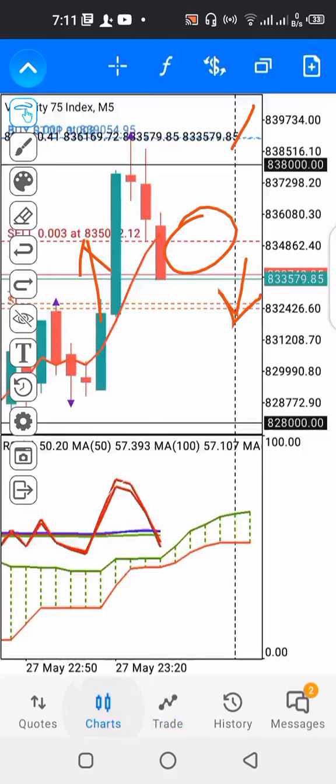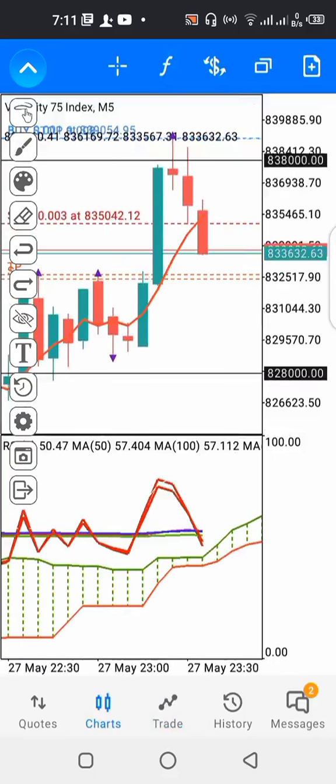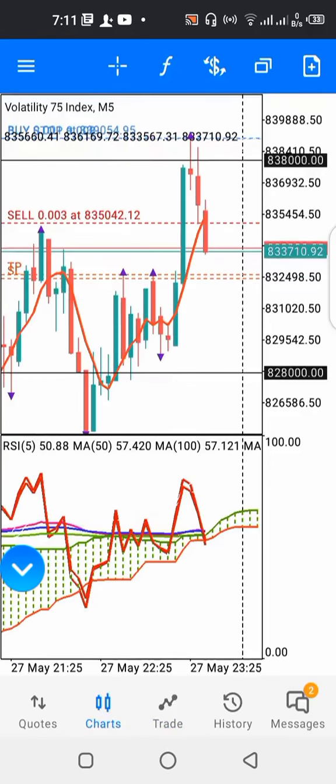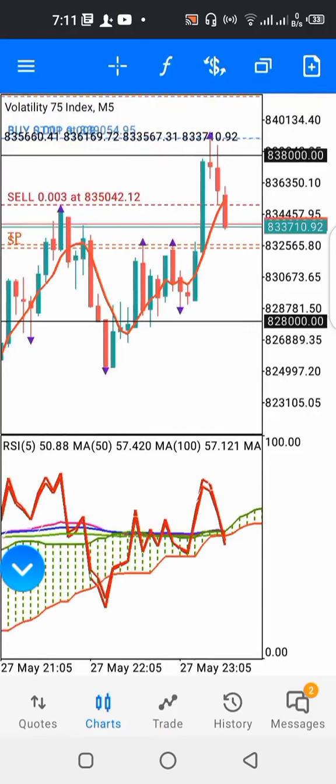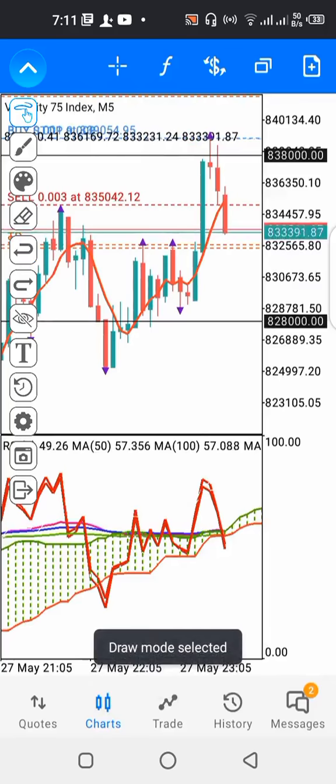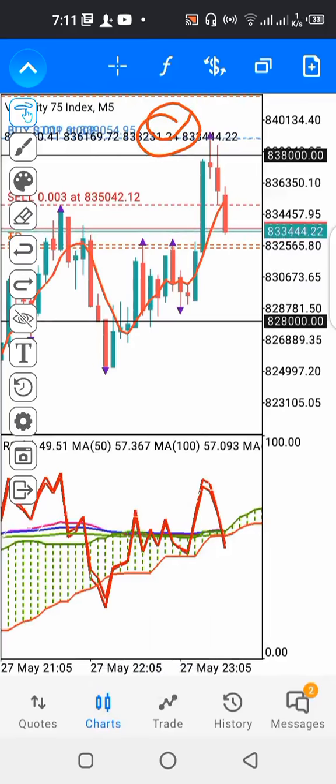Okay, you can see the two trades. I have a buy stop pending order waiting, just in case the range continues, around here.